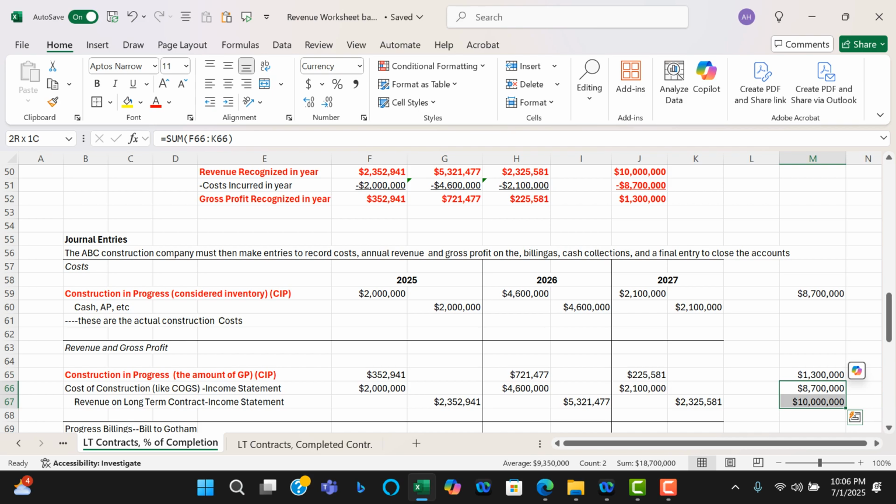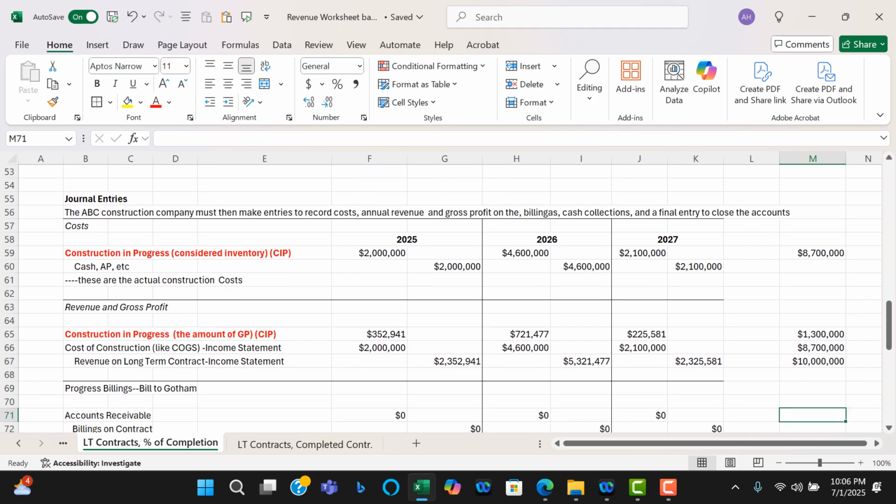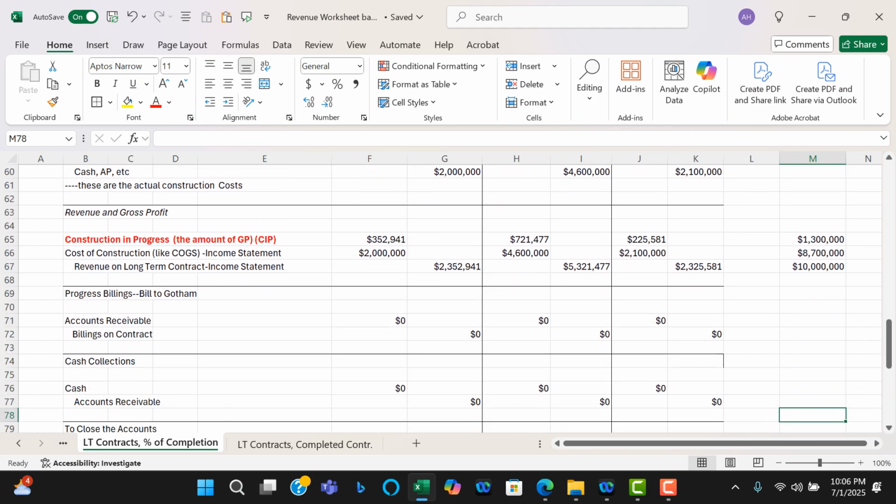This one's revenue, and the next one's like your cost of goods sold, so that will be recognized on the income statement over these years. And in the construction in progress account, we will have put in by the end $8,700,000 in costs plus gross profit of 1.3. So that's equal to your contract revenue of 10 million. Okay, that's a very important thing there.